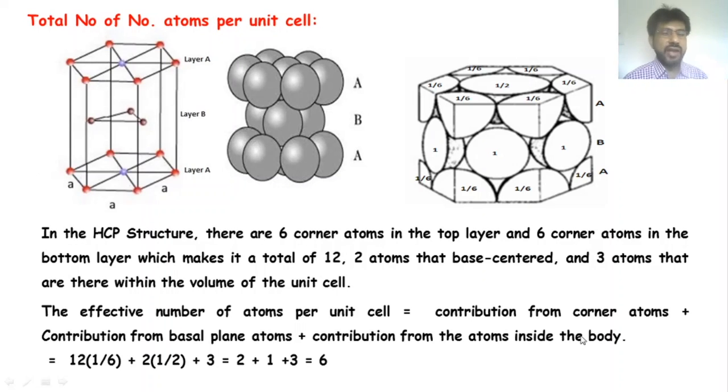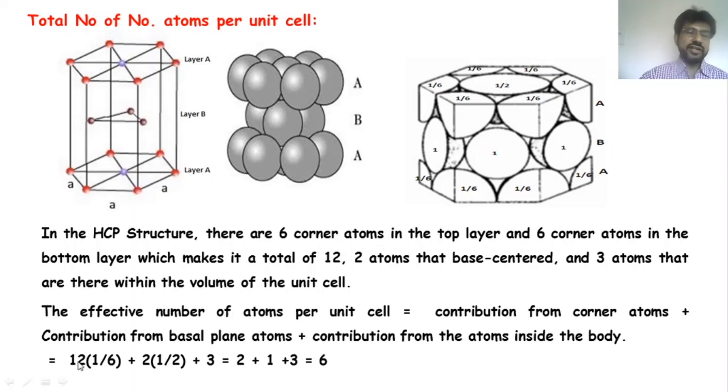Therefore, we can determine the effective number of atoms present in the unit cell. So the contribution from the corner atoms plus the contribution from the basal plane atoms plus the contribution from the atoms inside the body. We know that in this HCP type of structure the contribution of the corner atoms is 1/6 of that atom, and the contribution of the atoms present at the face center is 1/2.